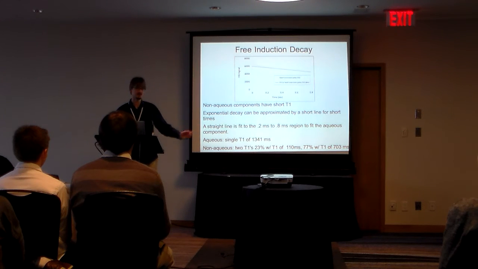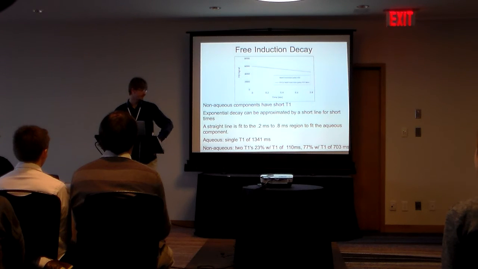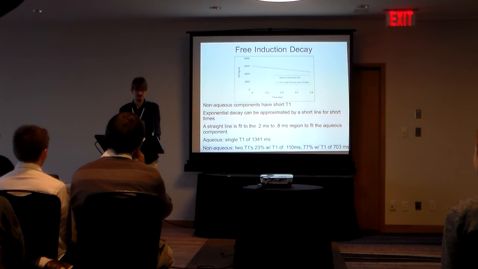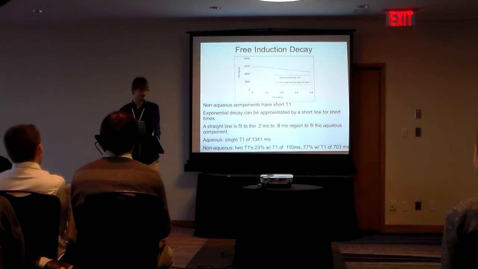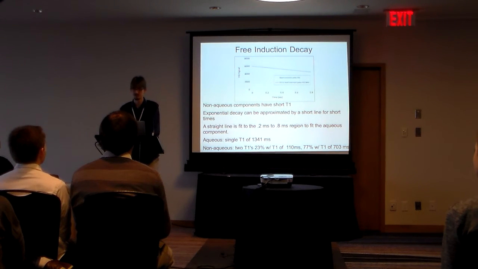So this research is conducted by my colleague Saeed. He's working on his thesis right now for his PhD. And he took FID curves where the T1 was decaying, where the magnetization vector was inverted, and he was able to separate out non-aqueous and aqueous components by fitting to a section of the distribution which is exponential, but on a short time scale can be assumed linear.